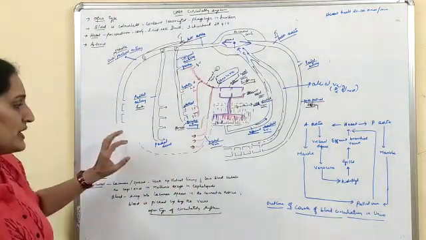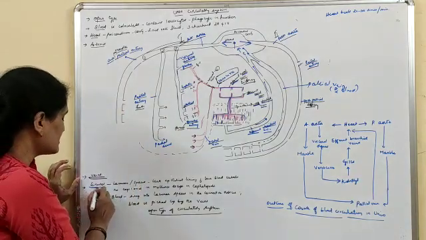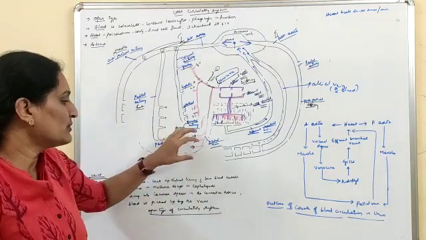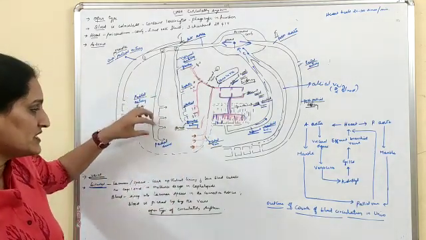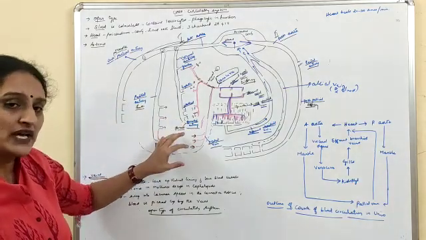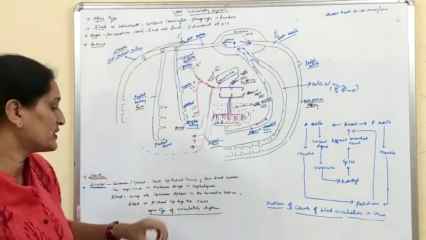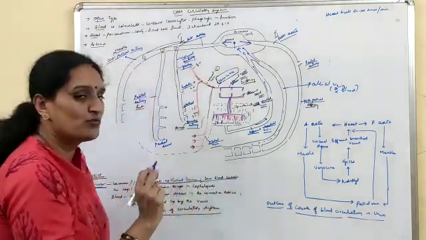Now the other main region of this circulatory system is the sinuses. Now what are sinuses? They are nothing but the lacunae or the spaces wherein the blood is just released into that space. Why we call it a sinus or a space is because they lack the epithelial lining of the true blood vessels.